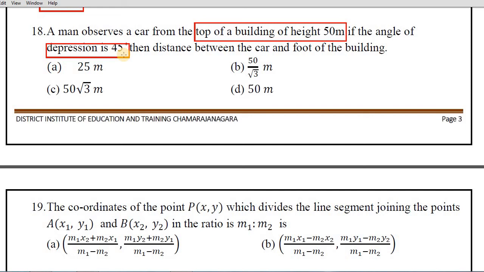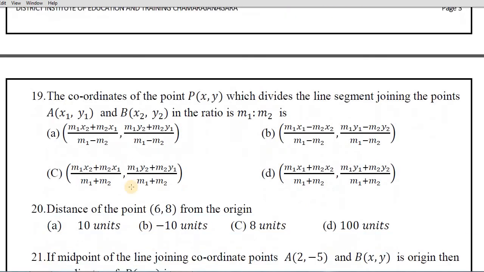So that concept also you can use without solving the problem. Directly you can go for this kind of questions. Because tan 45 degree will be there, so here the height of the building is 50 meter, hence the distance from the foot of the building to the car also will be 50 meter only, hence the correct option is D. Let us move on to question number 19.